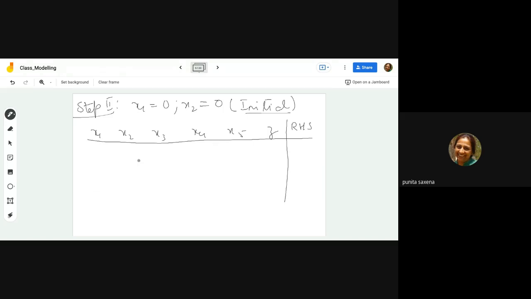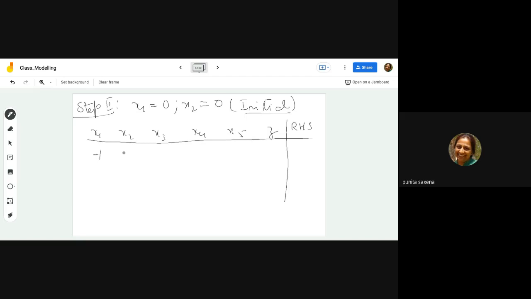Now we'll make entries in this table. The block on the left hand side of this line would be the coefficients. Now, if you just look at the first constraint, what is the coefficient of x1 in the first constraint? Look at the augmented constraints. What is the coefficient of x1? Minus 1.